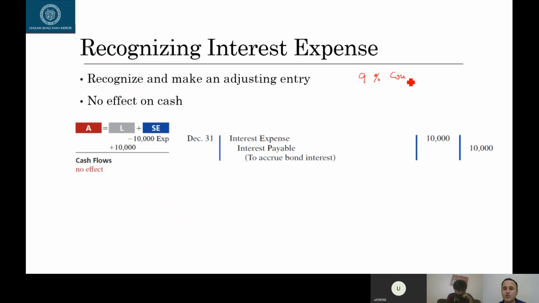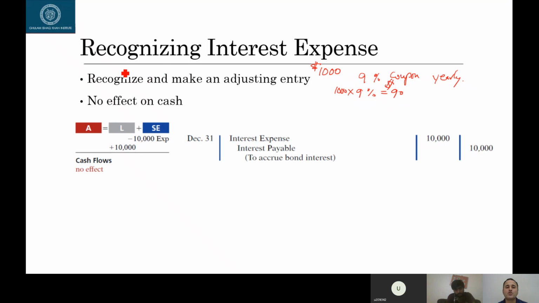If it says 9% coupon, it means that the bondholder, or investor, will get 9% of the face value periodically. This periodicity can be quarterly, half yearly, or yearly. Suppose this is a yearly coupon, and the face value is $1,000. The bondholder will get 1,000 multiplied by 9%, which is $90, at the end of each year.